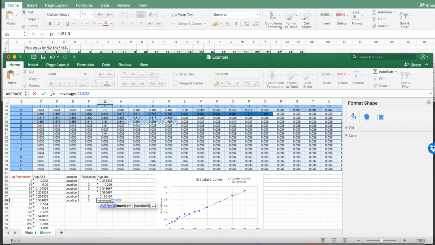I think everybody will have the same situation. Okay, so you see we have the average instrument reading, the absorbance, but we don't know it in terms of microbial activity. So that's what we're going to calculate, micrograms of fluorescein.